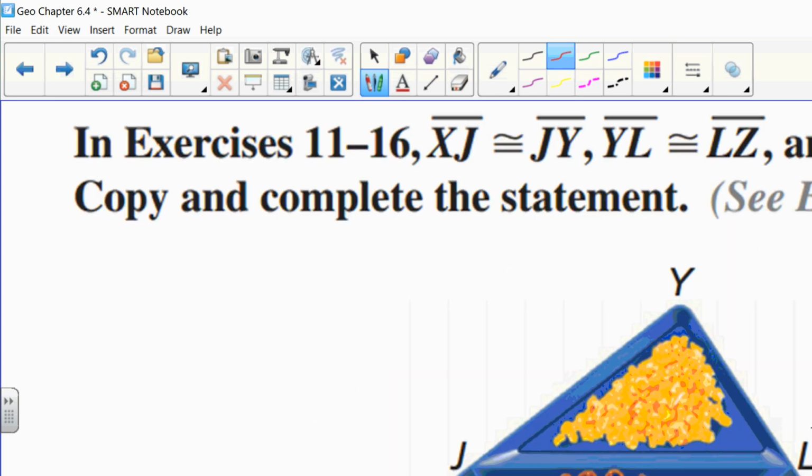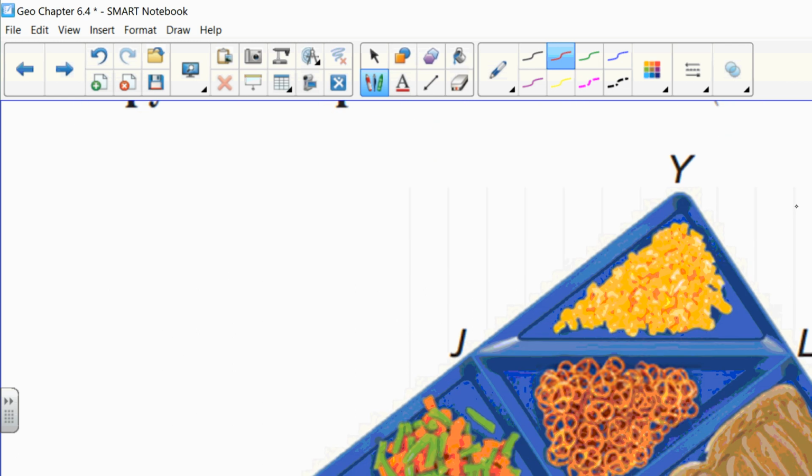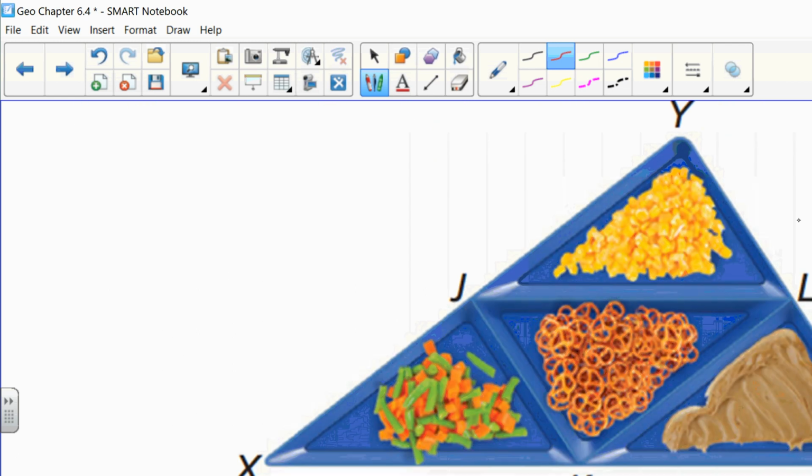Well, we do have the third set, so here XY would be parallel to KL. These two here would be parallel to each other.